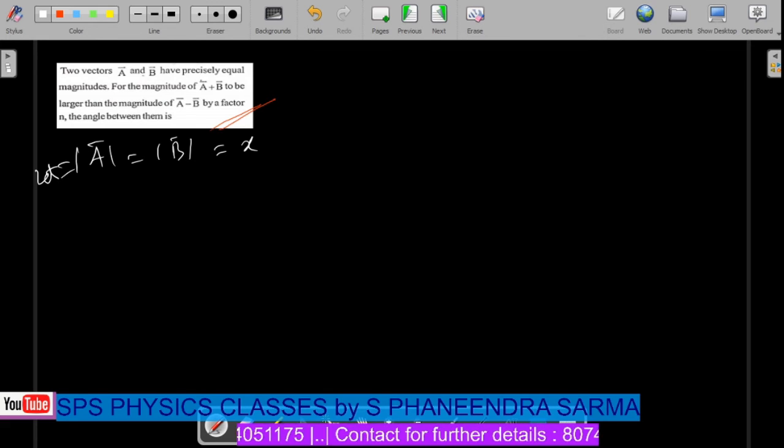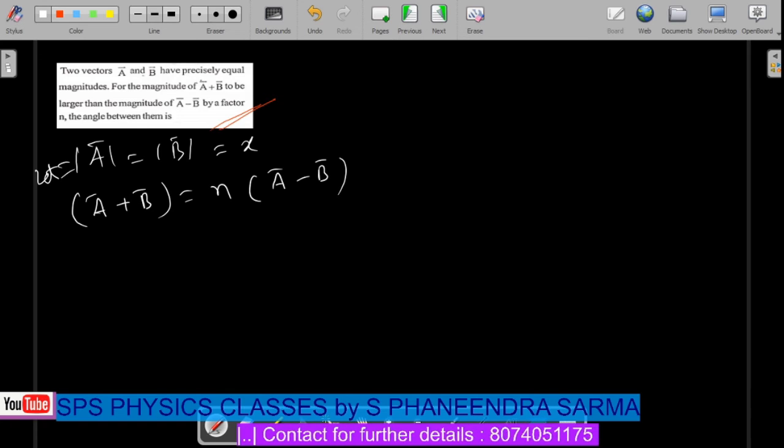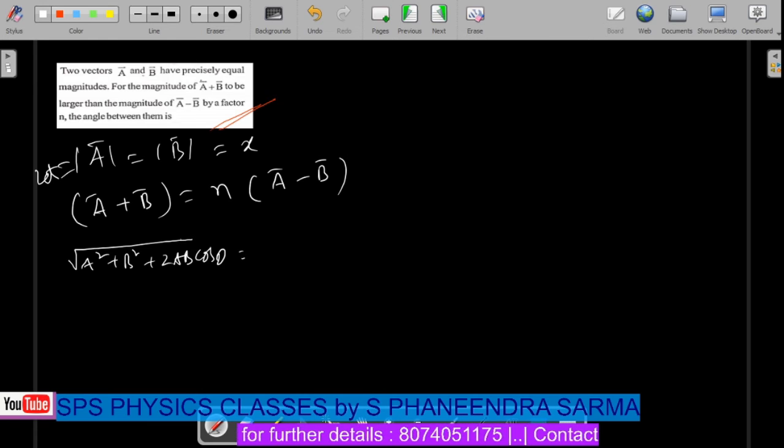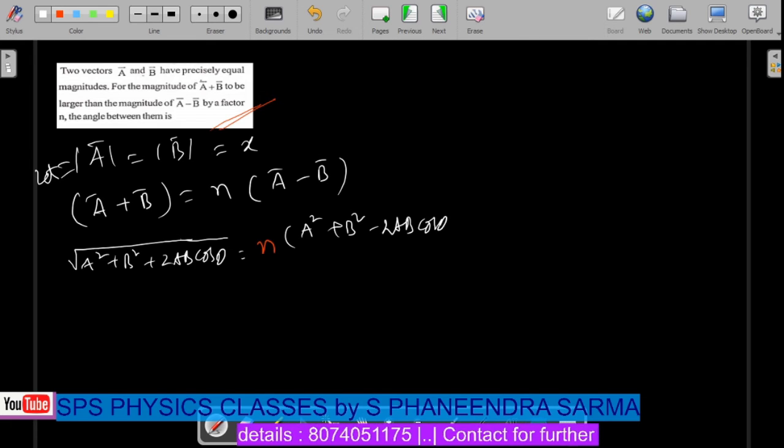Now, according to the problem, a bar plus b bar is n times a bar minus b bar. Upon applying the parallelogram law of vectors, we have root of a square plus b square plus 2ab cos theta is equal to n times root of a square plus b square minus 2ab cos theta.